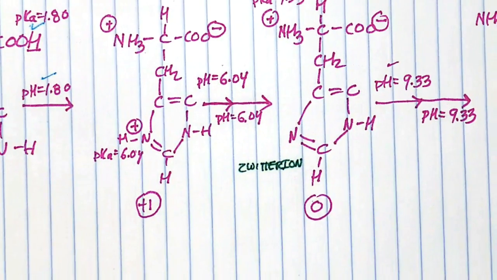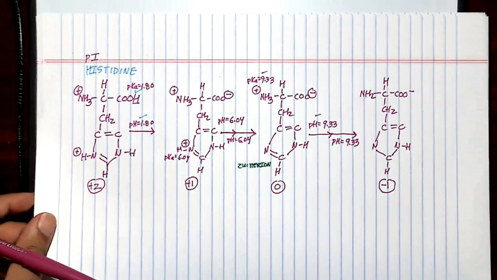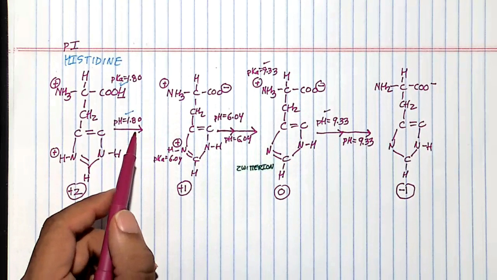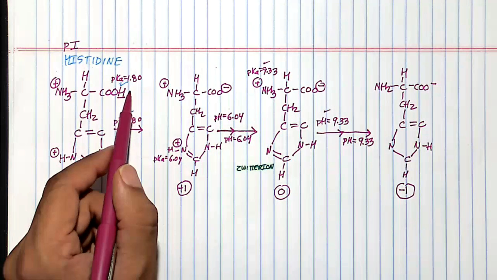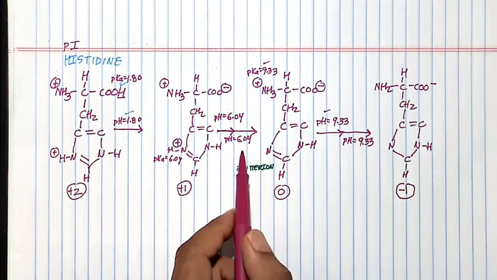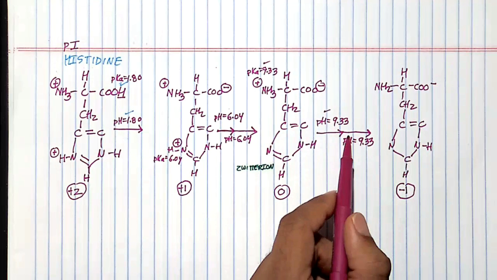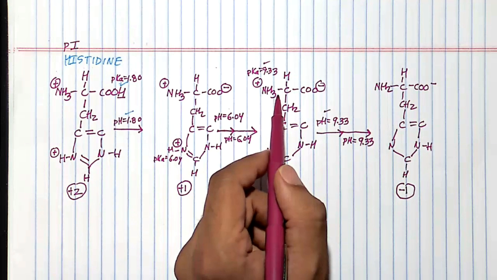So let me just zoom out here. We start off with the +2 form. We hit the pH at 1.80 to knock off this proton. Then we amp up the pH to 6.04 to knock off this proton. And then we amp up the pH to 9.33 to knock off the alpha amino group.